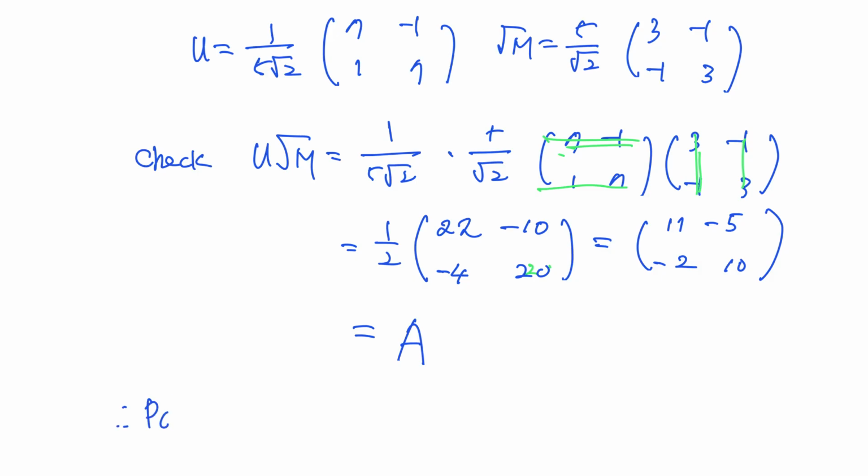So polar decomposition. Any non-Hermitian matrix can be written as the following: U times square root of M. So any questions?